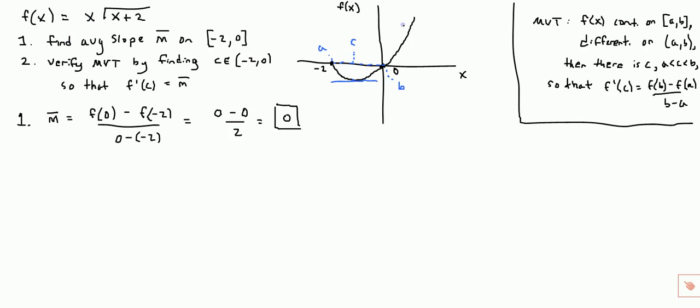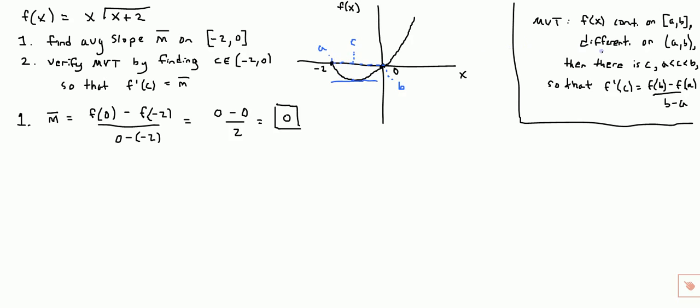So let's check that we can apply the mean value theorem. f of x is continuous on a, b, that's negative 2, 0. So yes, f of x is continuous on negative 2, 0. And we can draw this without picking up our pencil. There's no jumps or breaks. It's differentiable on the open interval, negative 2, 0. Yep, it's differentiable on the open interval, negative 2, 0.